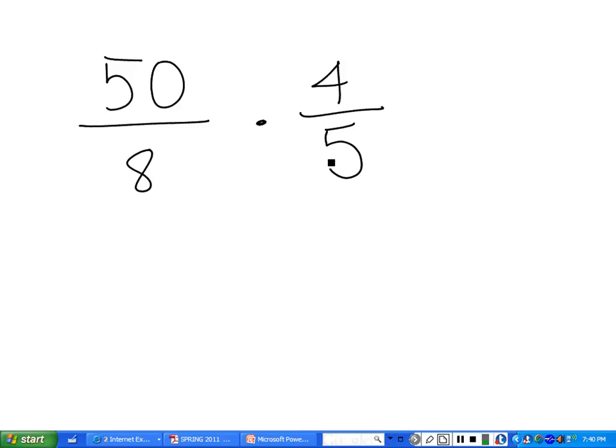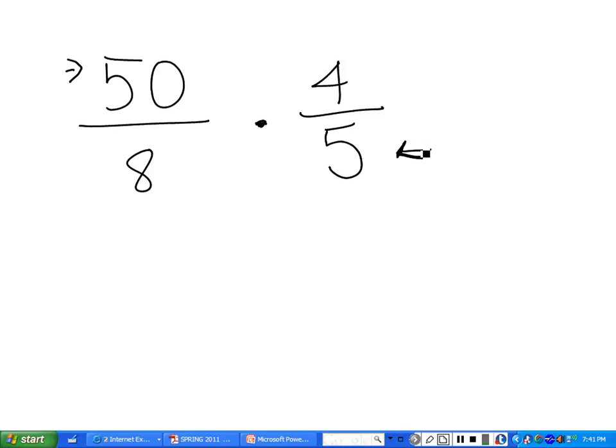Notice in this particular case that as long as one number is in the numerator, the top position, for example this 50, and one number is in the denominator, the bottom position, like this 5, you can reduce those two numbers before you get to the end.